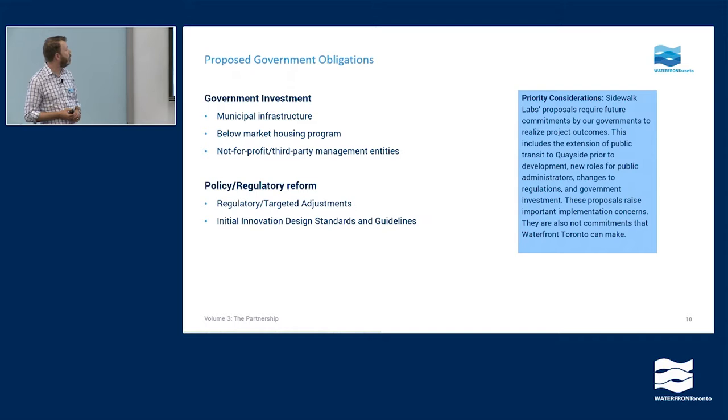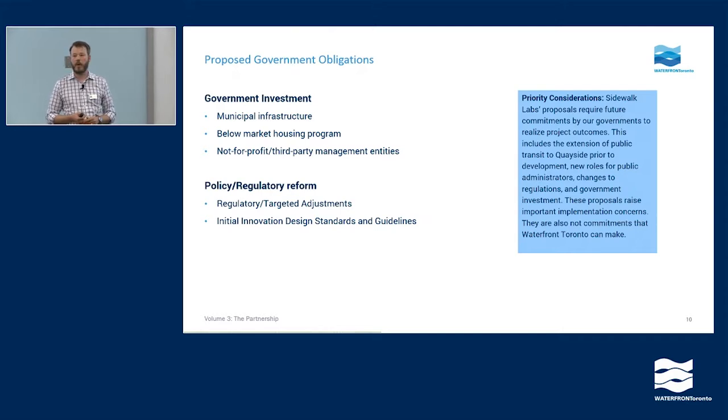And then the not-for-profit third-party management entities. So I talked about those 5 entities. Some of them have proposals for how they can be somewhat self-sustaining, but I don't think any of them are completely self-sustaining. So the public sector would also need to invest in keeping those entities operating.